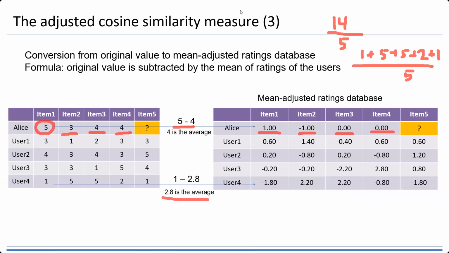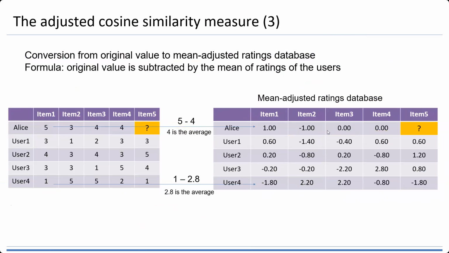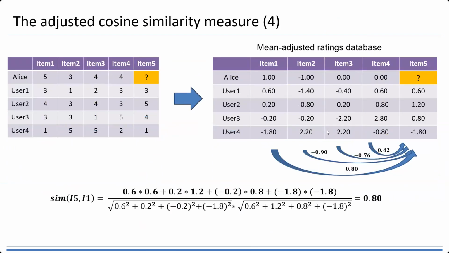Okay. After I have this mean adjusted ratings database, we can apply the cosine similarity. What is the cosine similarity? Cosine similarity means we want to get the value for every cell.